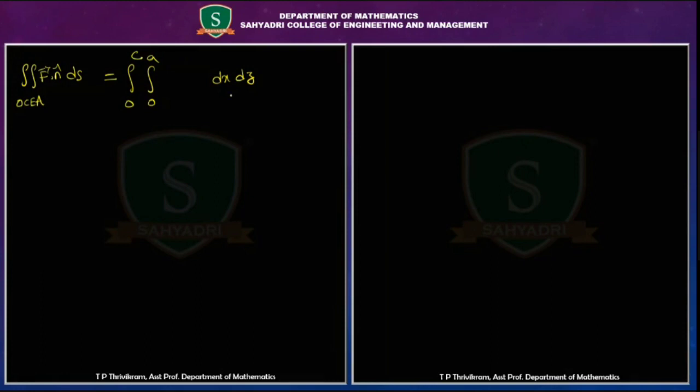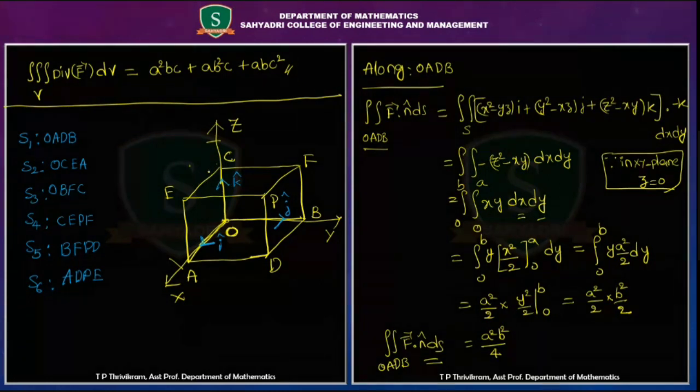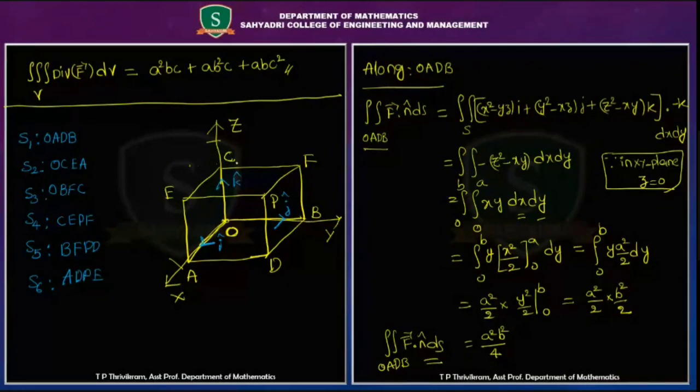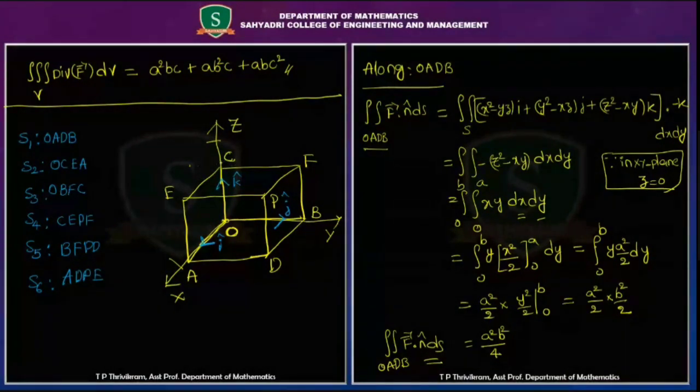Now what is the n cap value? N cap is perpendicular to the surface. So what is perpendicular to the xz plane? Y-axis, right? Y-axis is perpendicular to the xz plane. On the xz plane, what is the unit vector?